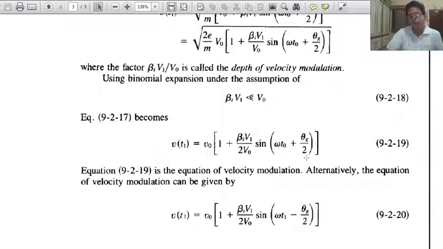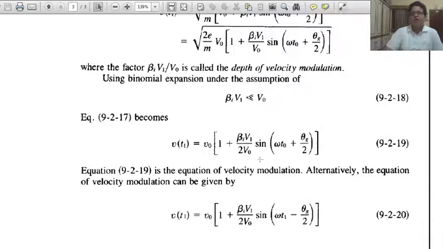You should remember this expression, because when we derive the expression for electron bunching, we start from it, and if we take the alternate sign, then plus is replaced by minus. So velocity can be written as Vt1 equal to V0 times 1 plus beta I V1 upon twice V0 sin omega T0 plus minus theta z upon 2.